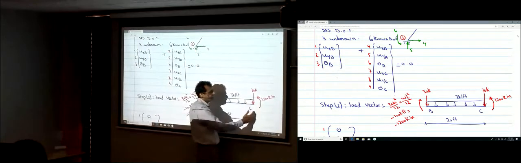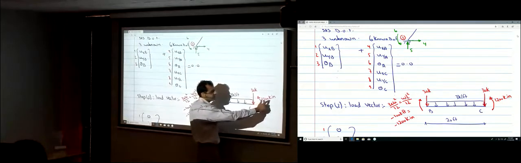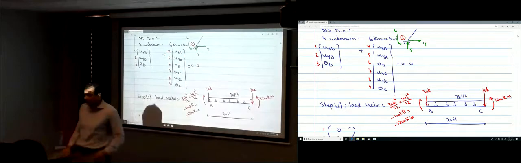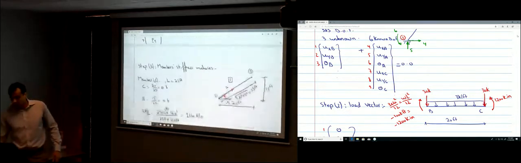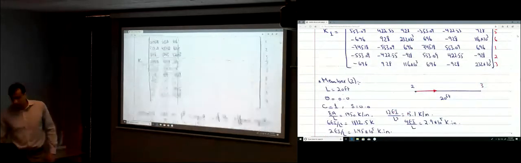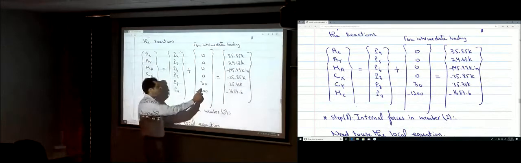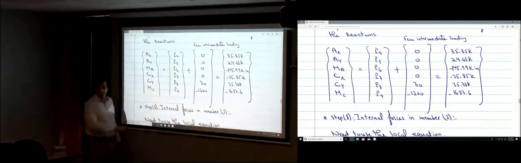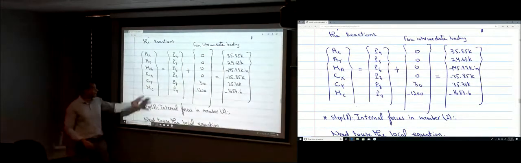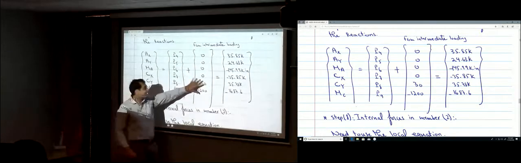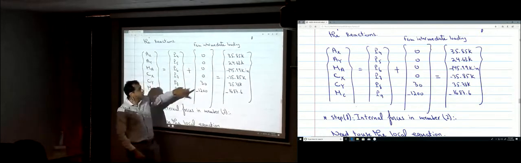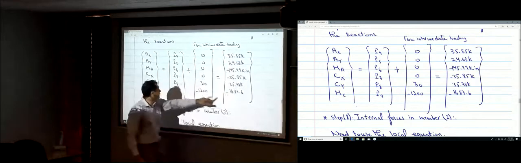So instead of negative 30, that's going to be 30. Instead of 1200, it's going to be negative 1200. So that's what I'm adding here for the force in the y direction and the moment, 30 and negative 1200 for CY and MC. Those are the effect of the intermediate loading. I have to add them to those forces to find the reactions. So now those are the reactions.